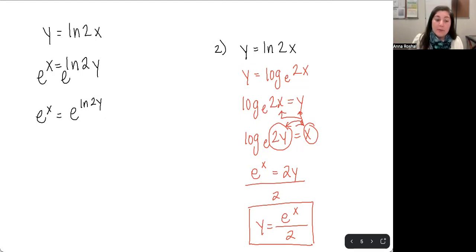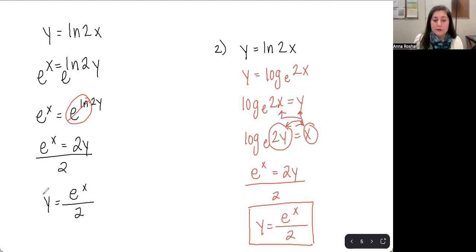And we know from the past that this is essentially going to be crossed out, and it becomes e to the x power is 2y. And we need to eliminate the 2 to get y on its own. So you're going to have y equals e to the x power over 2.